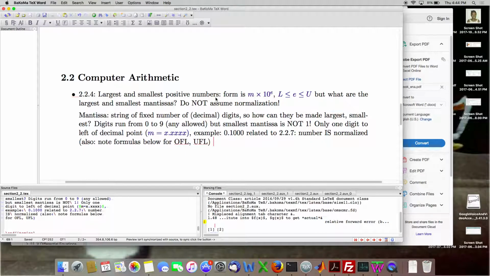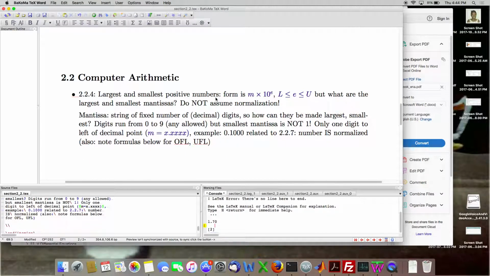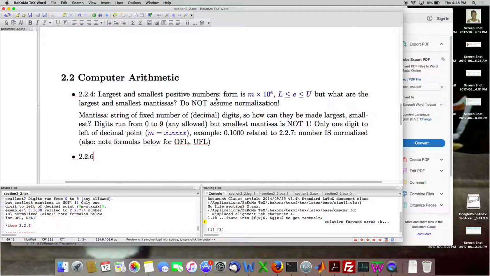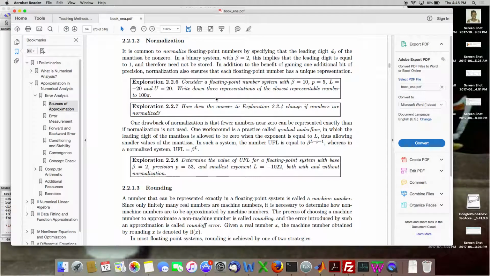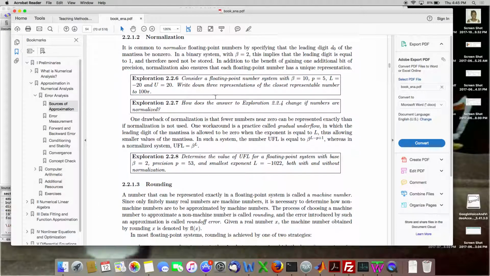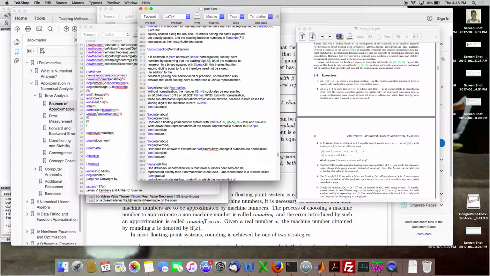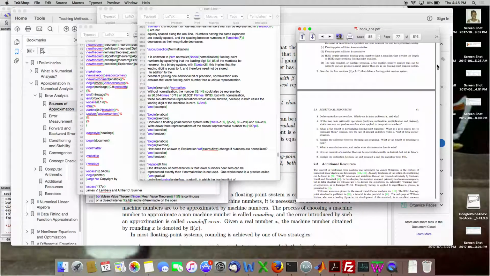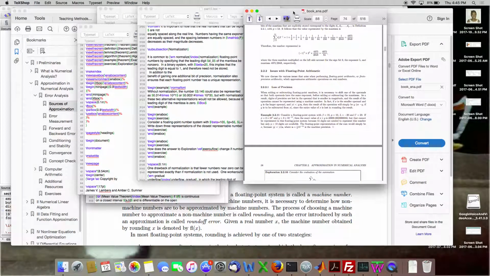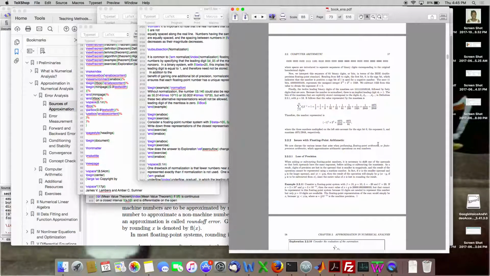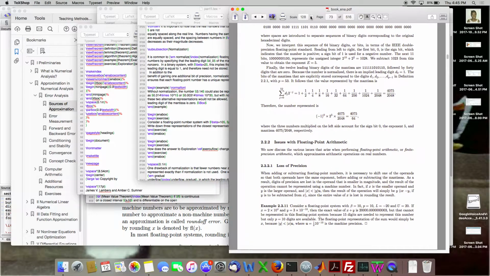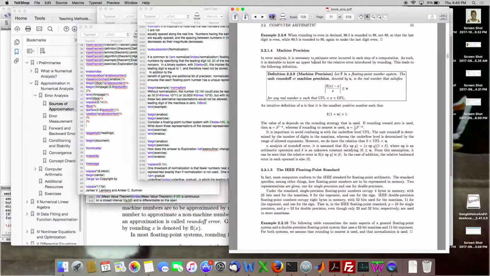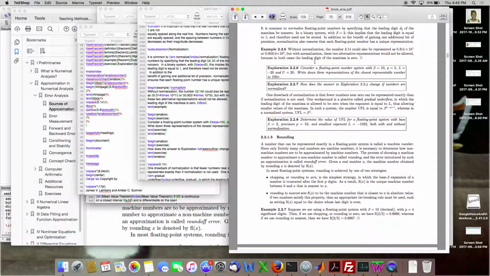Okay, 2.2.6. Now, this is strange. I thought that I had put something in here about this problem, and now I'm not sure why it's not there.